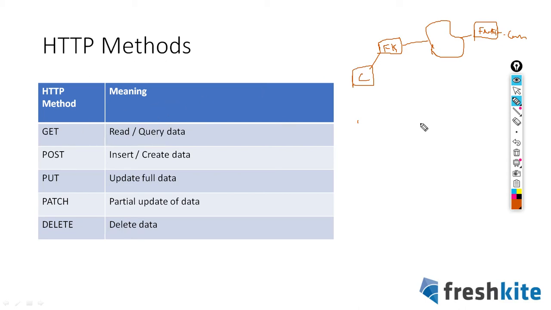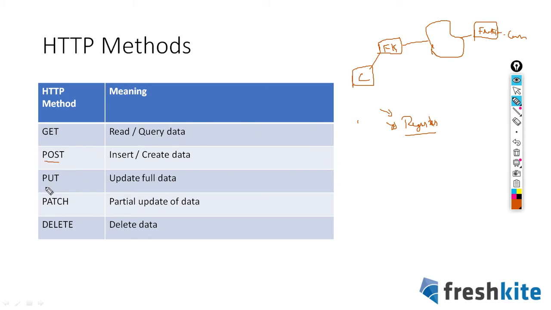Now in FreshKite, I am giving you an option to register, giving your details, your name, your email ID. When you register, I have to store your information in my server, correct? So for that you will use the POST method. I will store your information in a database, I might use MongoDB or MySQL. So for that usually the HTTP POST method is used.